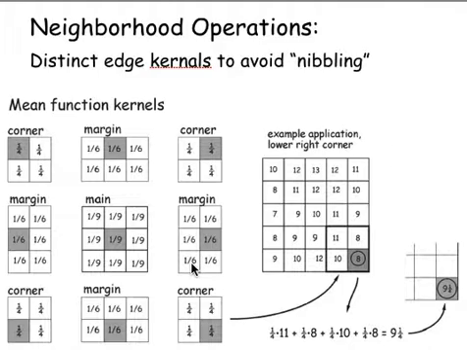This usually doesn't happen. Typically, what you'll do is you'll make your data area larger than the area of interest. And depending on how big your kernel is, the overlap has to be bigger. So for bigger kernels, you need a bigger area outside. And then if you pass the kernel over multiple times, you nibble away at the edge. So typically, it's just make it bigger than you'll need and apply the kernel to those data to get the output for the area that you need.